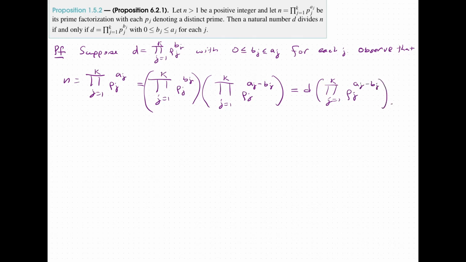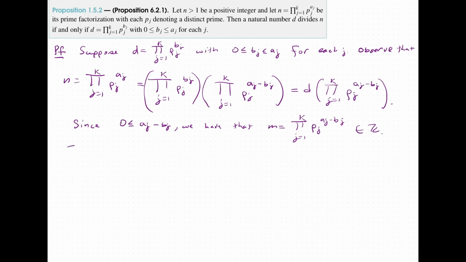And so we got this here. And so now we use the inequality. Since a sub j minus b sub j is greater than or equal to 0, we have that m, which is now the product from 1 through k of p sub j to the a sub j minus b sub j, is an integer, since all the exponents are going to be non-negative.